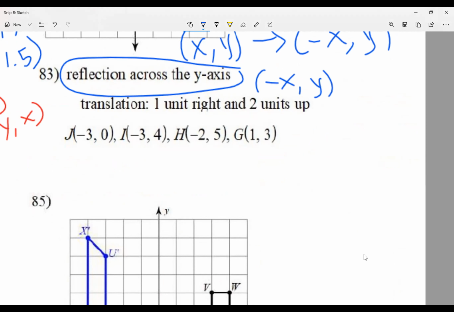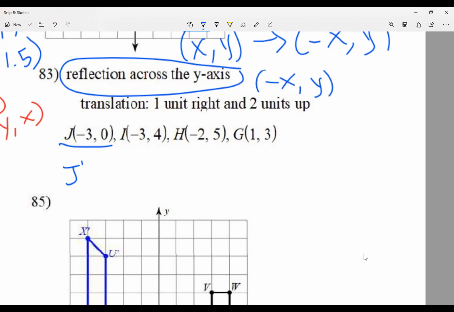I have the coordinates of J. So J prime will be (4, 0). I prime will be (3, 4), and then H prime will be positive (2, 5), and G prime will be (-1, 3). So I'm just doing point J, but it could be any point.